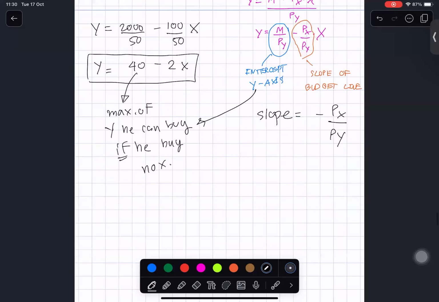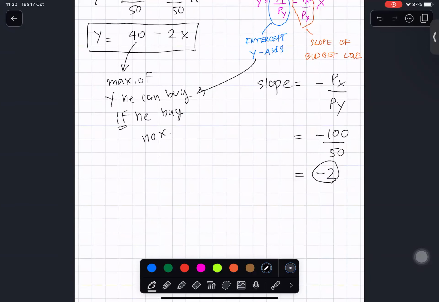So let's compute again. 100 divided by 50, it's minus 2. Minus 2 says that if you want to eat one more unit of pizza, you have to sacrifice 2 Pepsi. Is that right? Pizza costs 100 baht. If you want to have 100 baht ready to buy another pizza, you have to reduce your consumption of Pepsi by 2 units. Exactly. Minus 2 contains meaning, it's an opportunity cost of pizza.